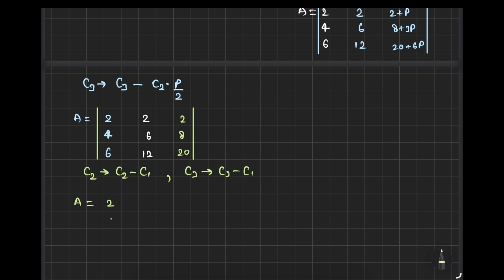Okay, so 2, 4, 6, and this will become 0, 2, 6, and this thing will become 0, 4 and 14. Correct? Now you can find the determinant directly because you have simplified a lot. So 2 times (28 minus 24). So this is 4. 4 twos are 8. So the determinant of A becomes 8.